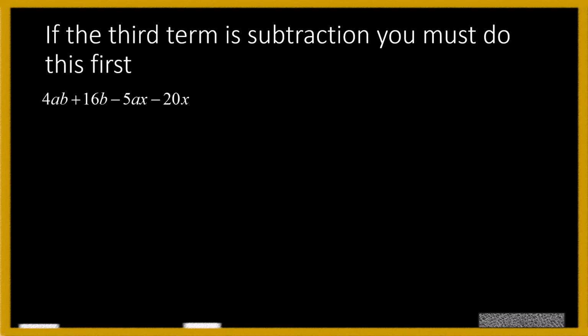You'll have noticed in the previous problem that we had a plus sign in between the second and third term. So if between the second and third term you have a subtraction sign, this is what you're going to first have to complete.